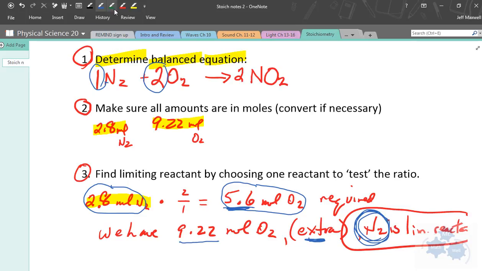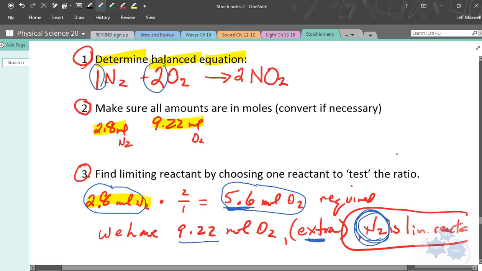All right? Sometimes a little diagram helps, okay? So watch this. I have this many moles of N2, and I'm combining with oxygen, and I need double the amount. So this is like a little bar graph here. I need, let's say, 1 to 2. You see that? So if, let's say, the 2.8 moles represents the 1 for nitrogen, that's all of the nitrogen, I need 5.6 moles of oxygen.